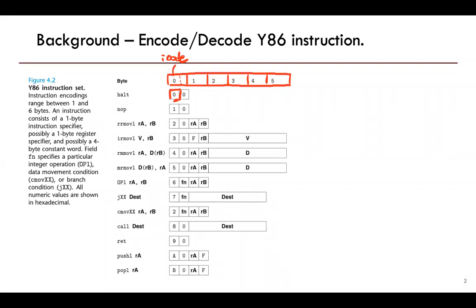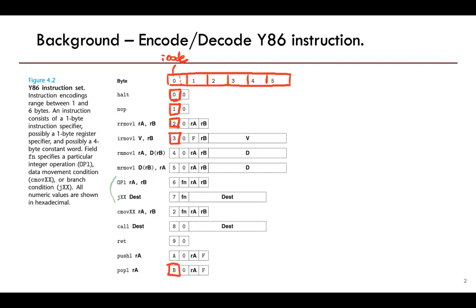Okay, so as you can see, the first box in each instruction has a different number from 1, 2, 3, all the way up to B, right? Then we can distinguish: when we read the first 4 bits, we know which instruction we are fetching. But here we have a situation with these two instructions, OPL and the jump instruction, because these two actually represent multiple instructions.